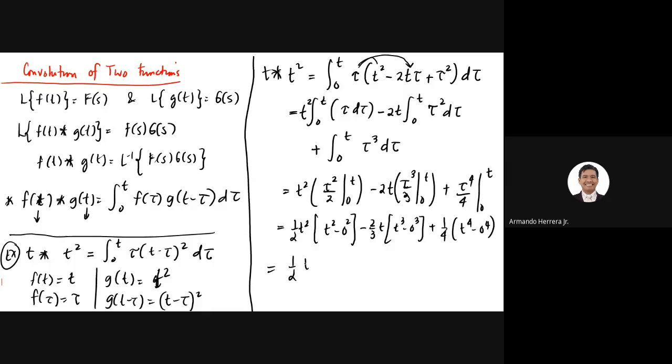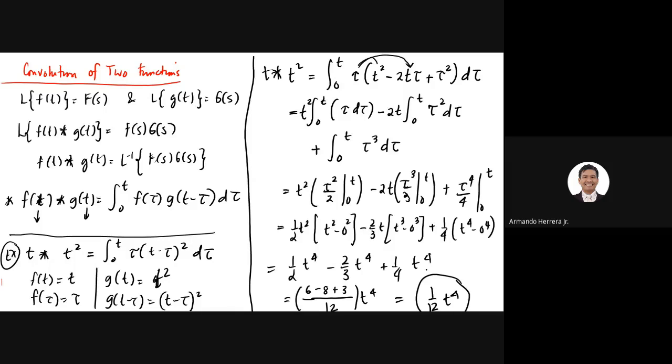So this gives us 1/2 t to the 4th minus 2/3 t to the 4th plus 1/4 t to the 4th. Simplifying by LCD, that gives us 12. You have t to the 4th here. 12 divided by 2 is 6 times 1 is 6. 12 divided by 3 is 4 times 2 is negative 8. 12 divided by 4 is 3 times 1 is plus 3. Then we have 6 minus 8 plus 3, which is equal to 1 over 12 t to the fourth.